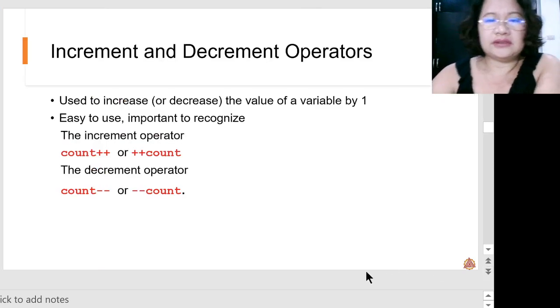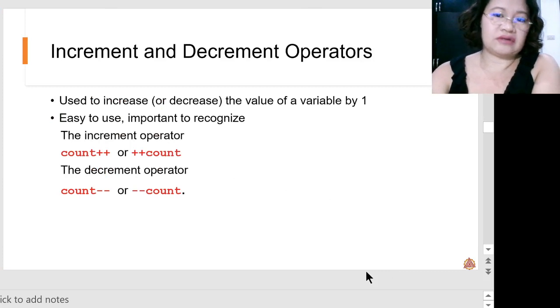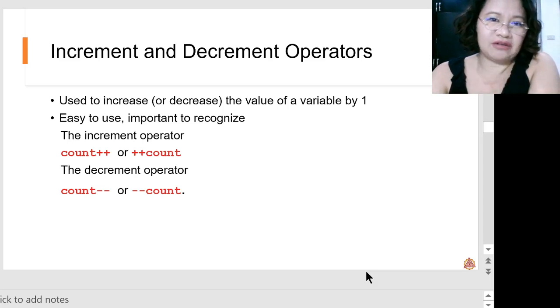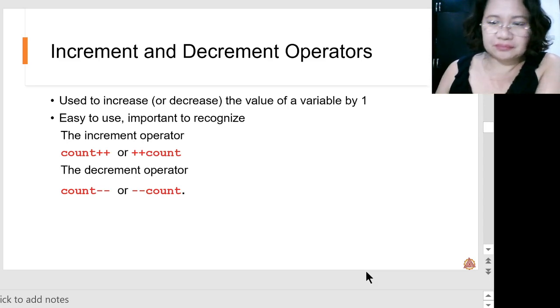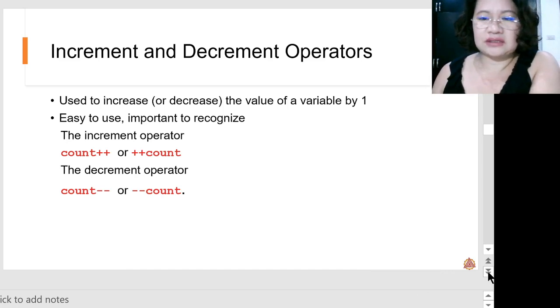So, it's actually very easy to use and it's easy to recognize because the plus plus or the minus minus are actually written together. Okay, you do not put a space in between the operator. And again, it's either increasing or decreasing by one.